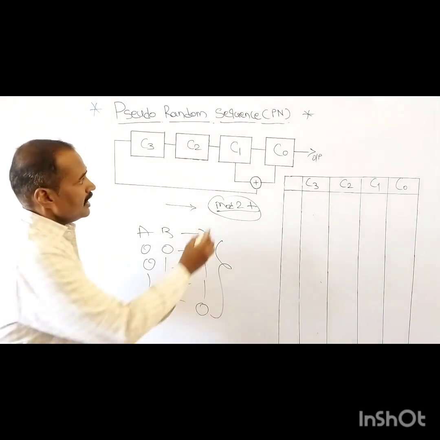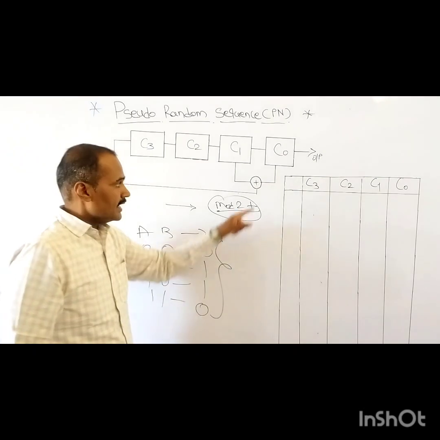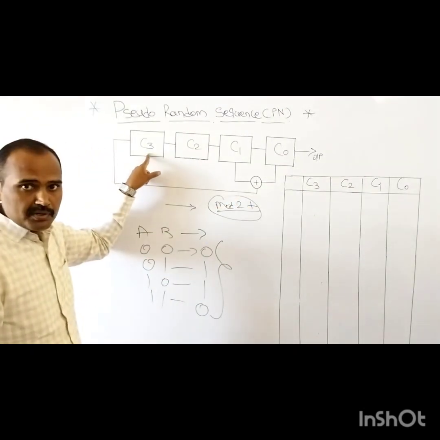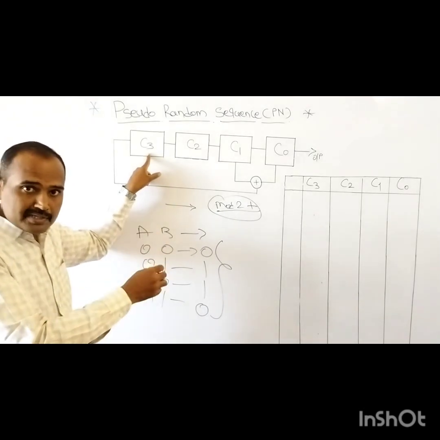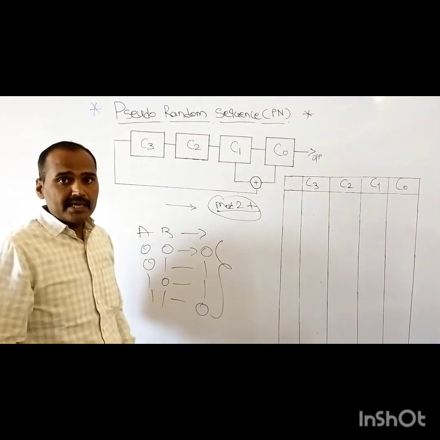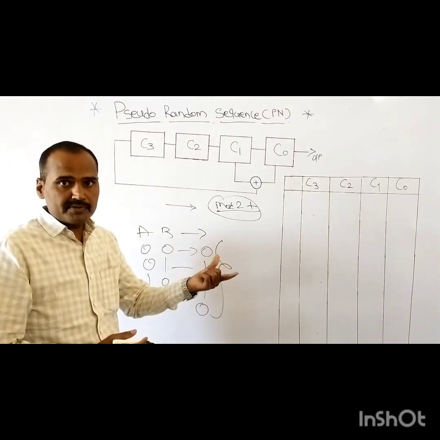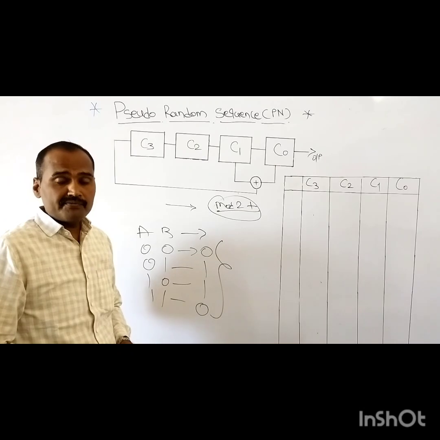At the same time the contents of registers C1 and C0 are added, and this sum is given to shift register C3. So we have a feedback, and with every clock the contents of each shift register are shifted. That's why it is called a linear shift register bank.